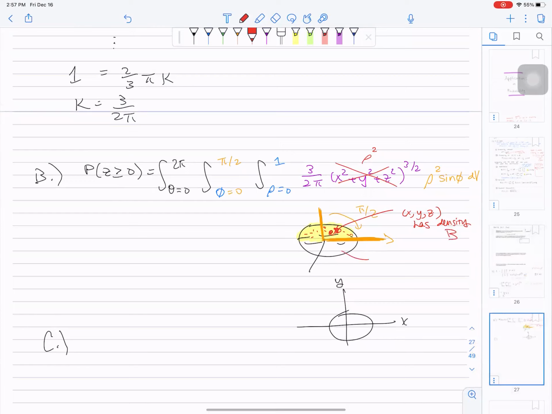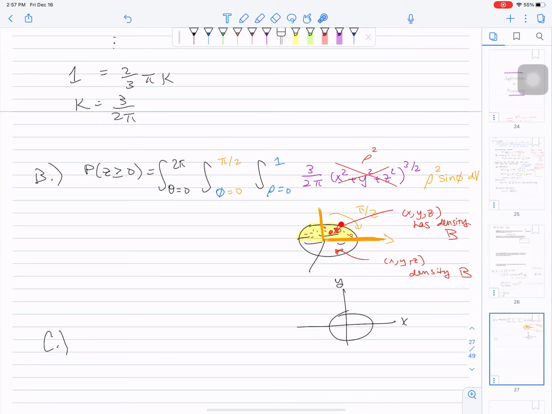And at this point in the bottom, some x, y, z, maybe it's negative z now, it still has density b. Right, because in our density function, we always have something squared. So even if your number is negative, a negative number squared is positive. And so you can think about this sphere as being very symmetrical. So no matter what the density is up here, it's going to be the density down here.